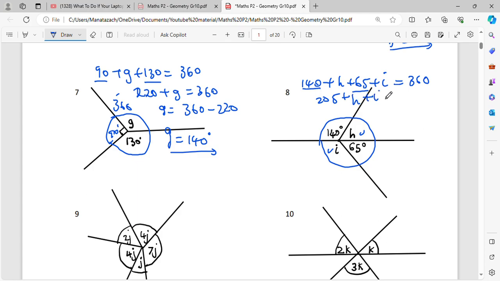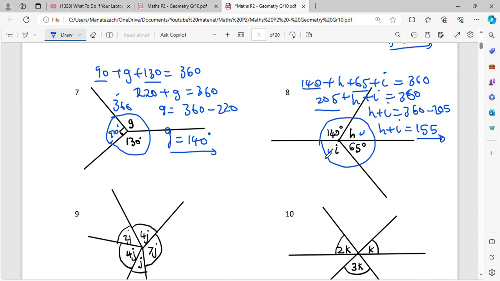Then 205 plus H plus I is equal to 360. Then we can take 205 to the right hand side. It will come as negative. Then H plus I is equal to 155. Right, so that's going to be equation number 1.